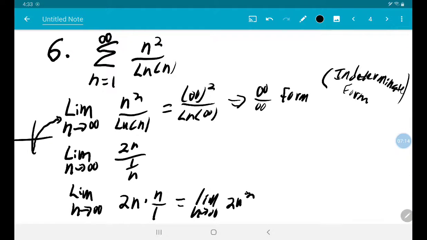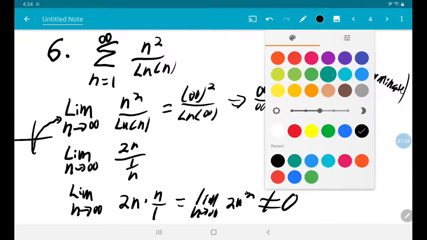Now, what happens when you plug infinity here? Well, 2 times infinity squared is ridiculously huge. It approaches infinity. More important than what it does equal is what it doesn't equal. 2 times infinity squared does not equal 0. You say, well, why am I concerned whether or not it equals 0 or not?